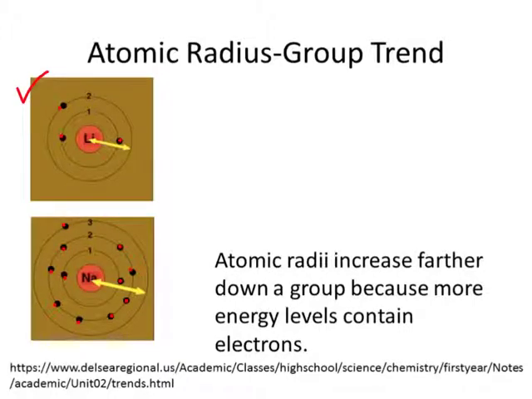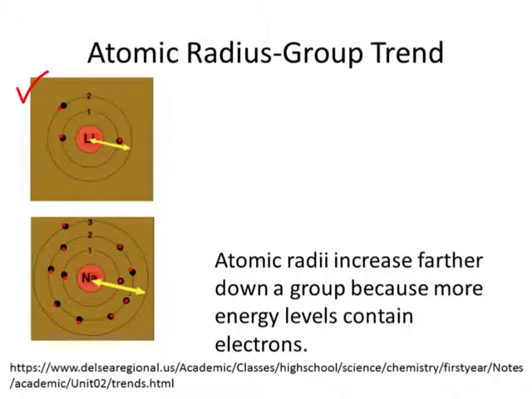Looking at these two, it's pretty apparent that sodium is a larger atom than lithium because it has more energy levels filled with electrons. As you move down a group on the periodic table, the number of main energy levels filled with electrons increases with the period.